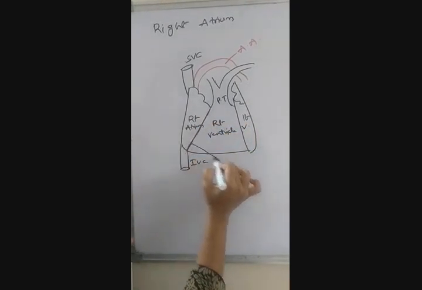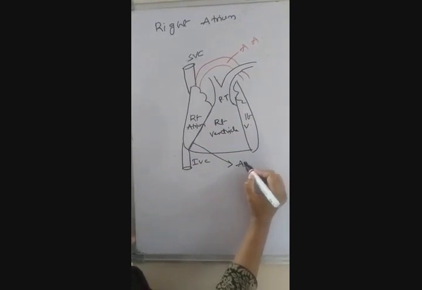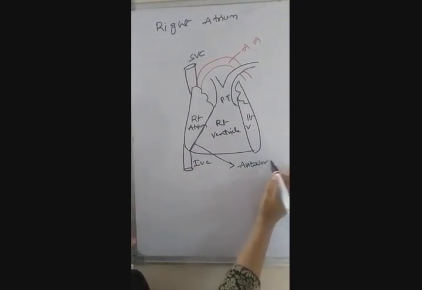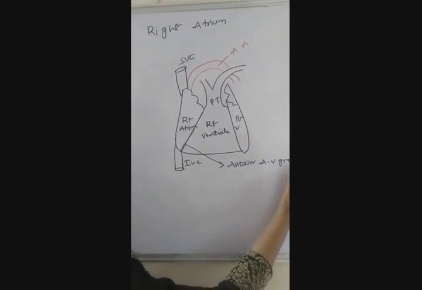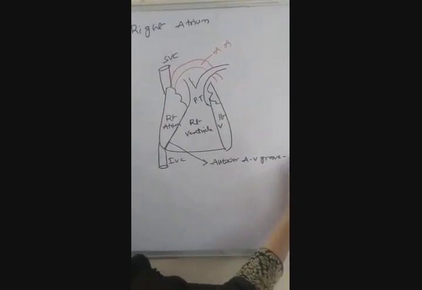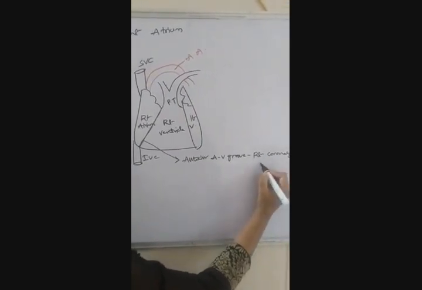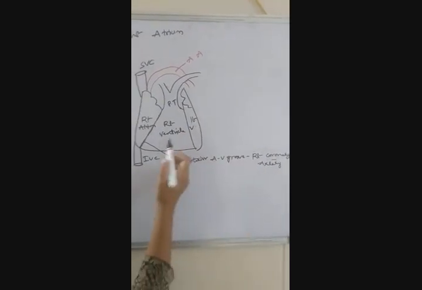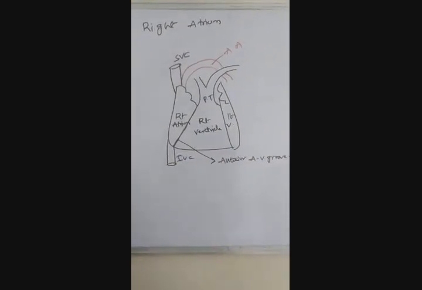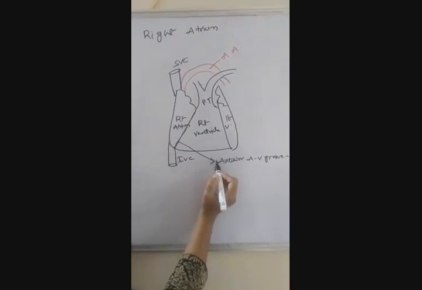It is called the anterior AV groove, atrioventricular groove. This groove lodges the right coronary artery. This right coronary artery supplies the whole of the heart.